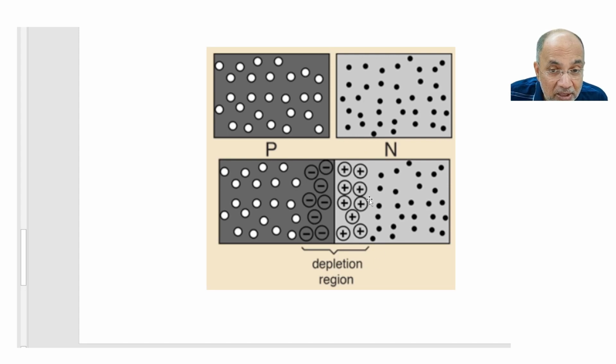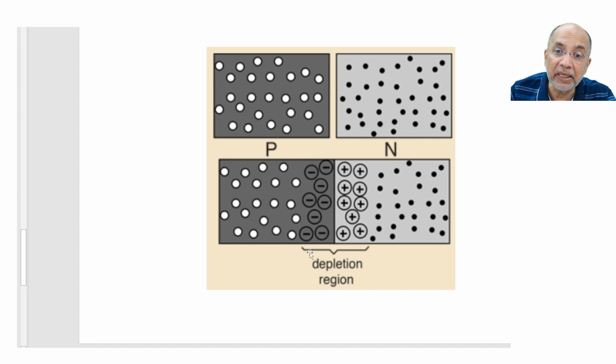The free electrons have been slipped to the p side, and now immobile, these are not free electrons. It makes it negatively charged, but they are not free electrons. They are now tightly bound to the silicon nuclei, and these are positively charged. These are also immobile holes. The holes are immobile, the electrons are immobile.